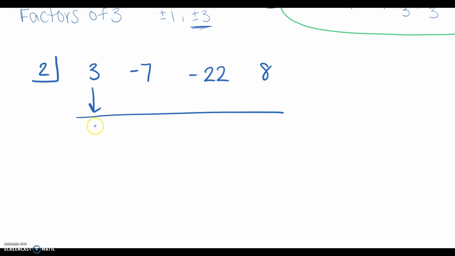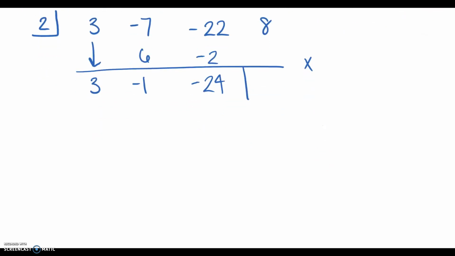So bring down the 3. 3 times 2 is 6. Negative 7 plus 6 is negative 1. Negative 1 times 2 is negative 2. Negative 22 minus 2 is negative 24. And we can just stop there because this is not going to have a remainder of 0.